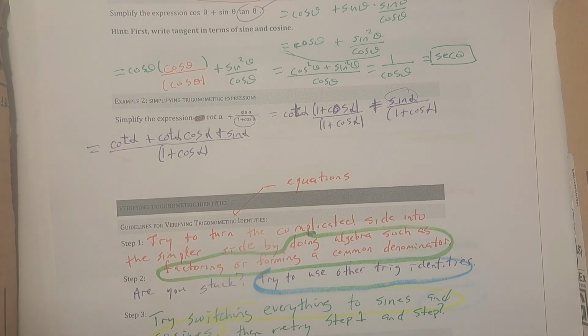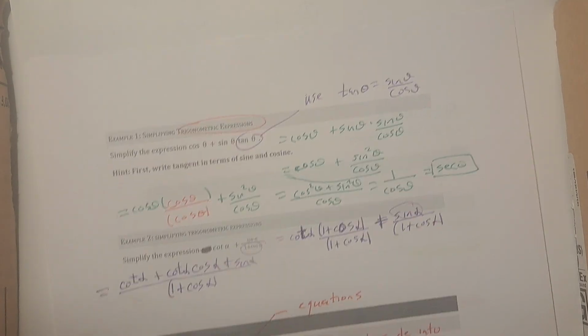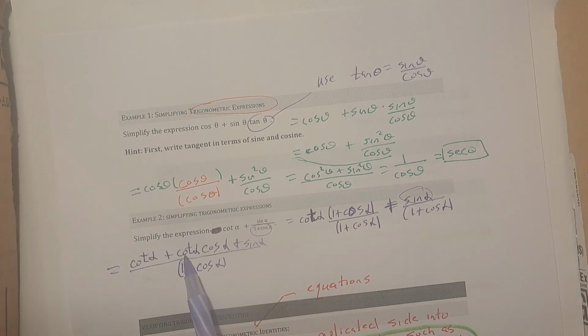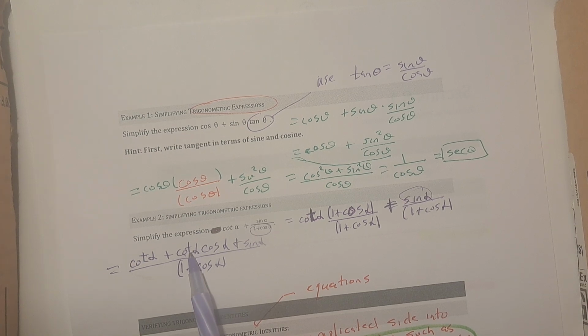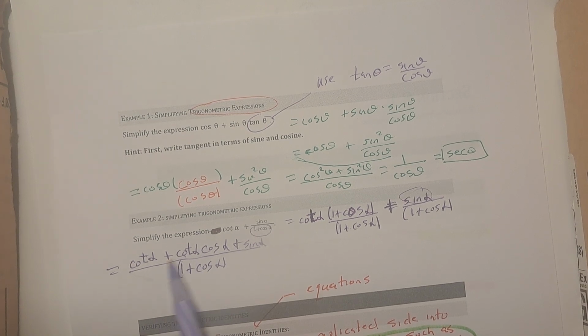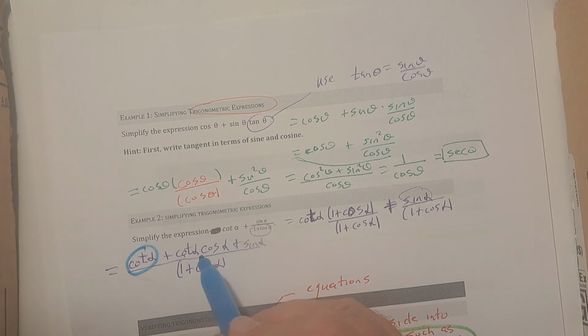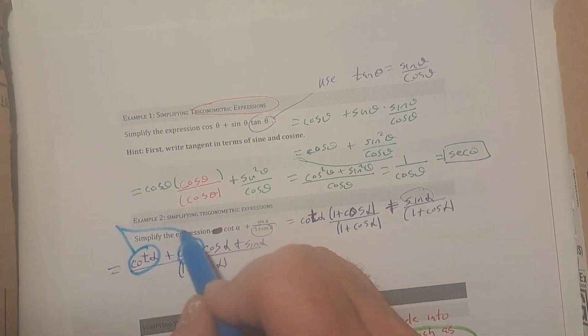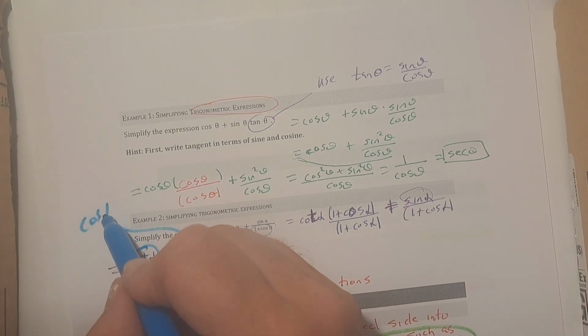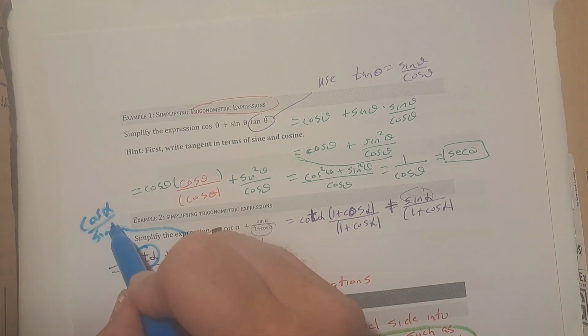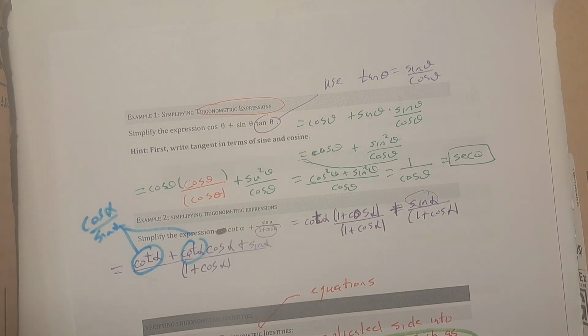So for this one, I think I would take cotangent alpha and write it as cosine over sine, and see how that changes things. Cotangent is cosine over sine. So we're trying a different trig identity.